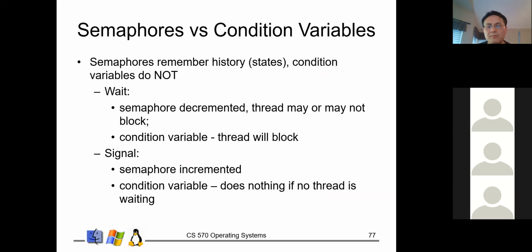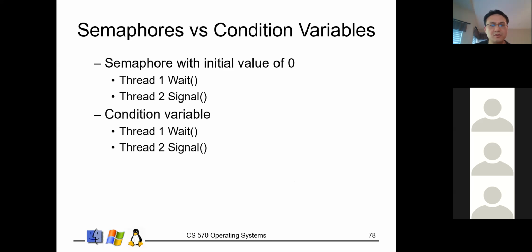Basically, a condition variable works very similar to a semaphore, but as I already talked about, the wait operation and signal operation are a little different from the wait and signal operations in a semaphore. So let's take a quick look at an example of what kind of difference there is between semaphores and condition variables on those two operations.